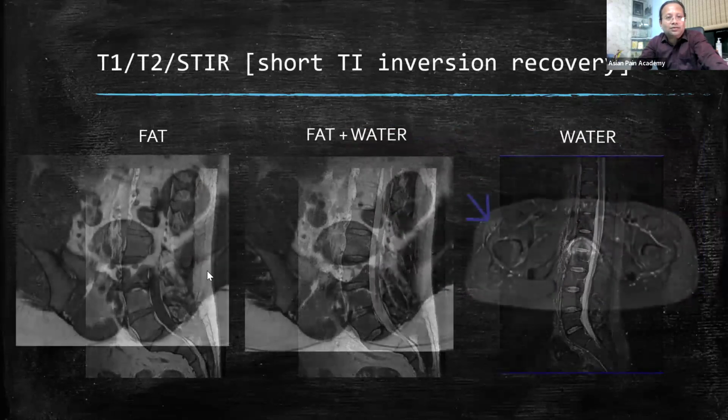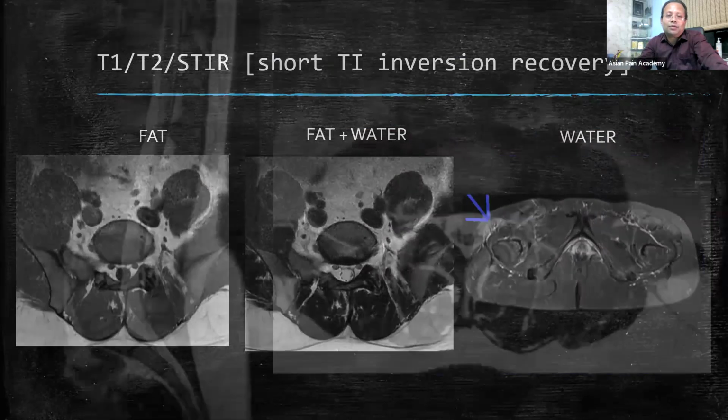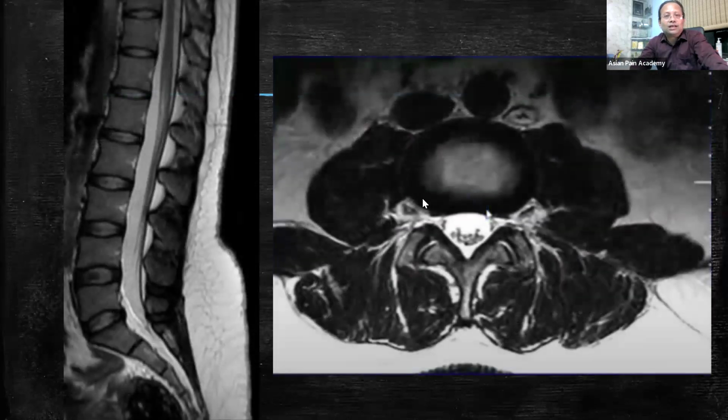Let us see the axial section. Here also the same thing: T1 fat white, T2 fat plus water white, and in the STIR sequence, though it is not the same area, only water is white because fat is suppressed. So we will see a sagittal section and one cross section, the axial section.